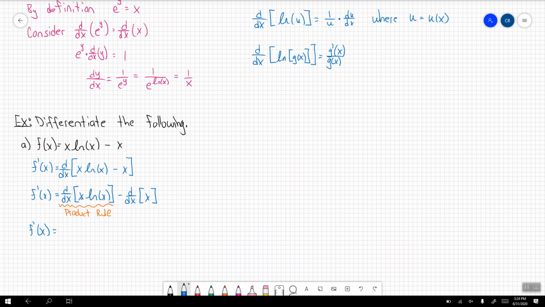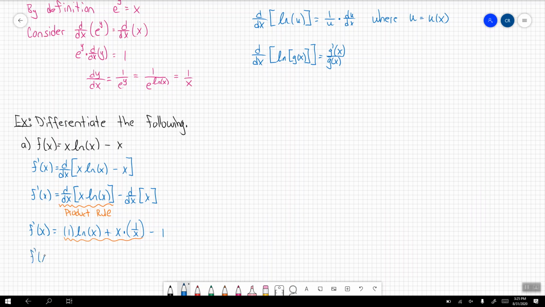So the derivative of the first function is just going to be 1, multiplied by the second function, which is the natural log of x, plus the first function, multiplied by the derivative of the second function. There we are. That's my product rule. Now I still have to subtract out the derivative of x with respect to x, but that's just 1. Okay, not too bad. Let's keep going.